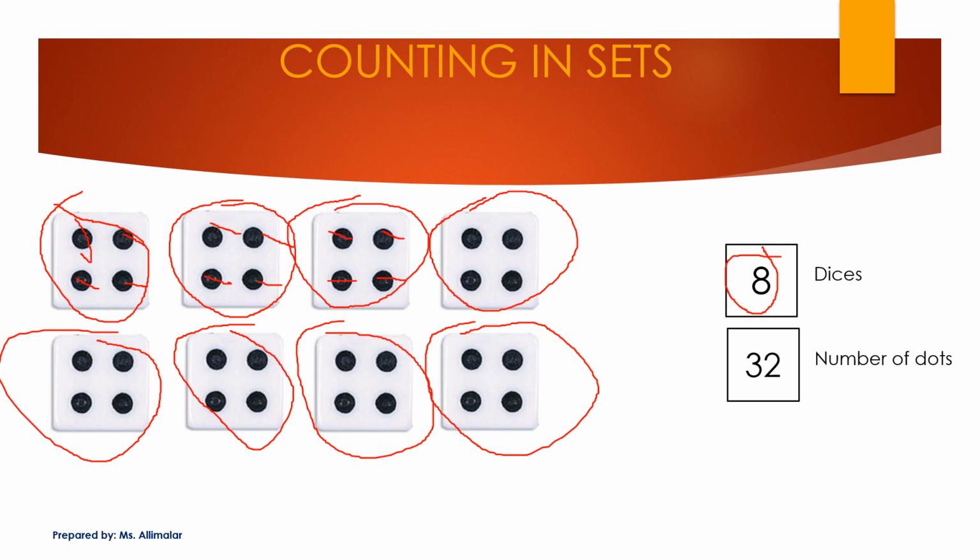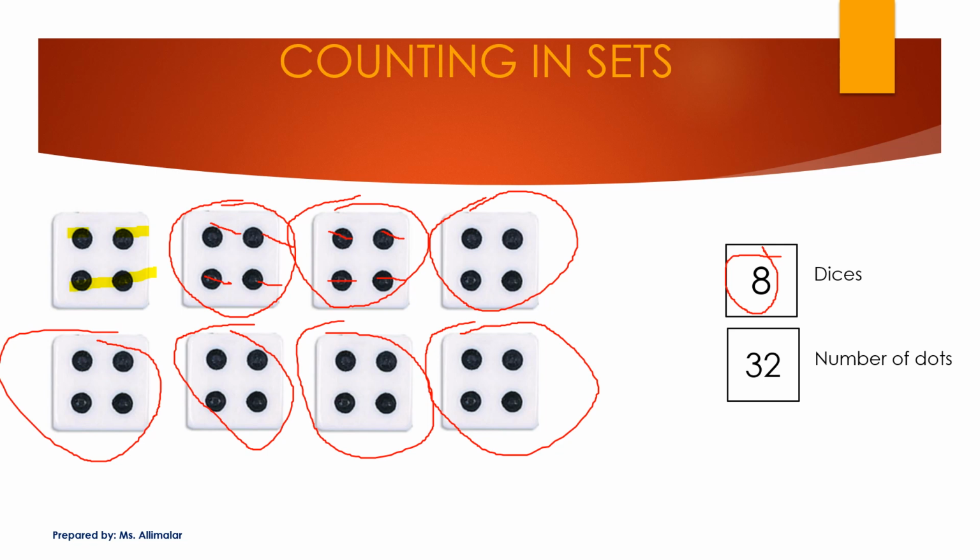But the best way to count in sets is, listen carefully. When you count 4 here, 1, 2, 3, 4, each dice has 4 dots.